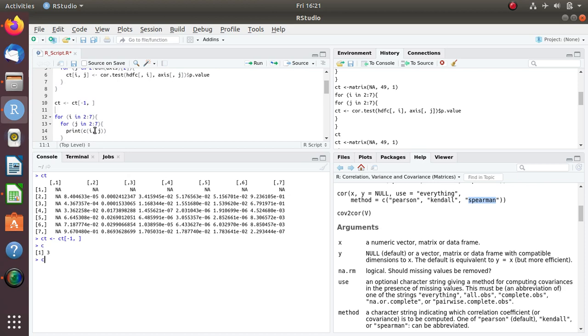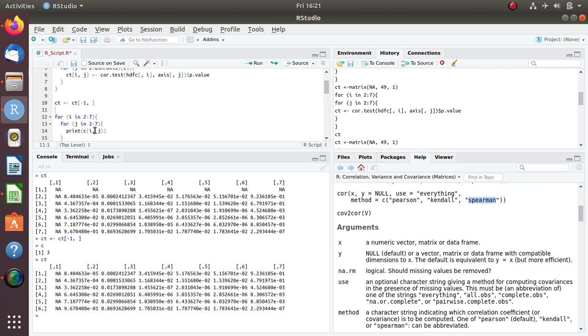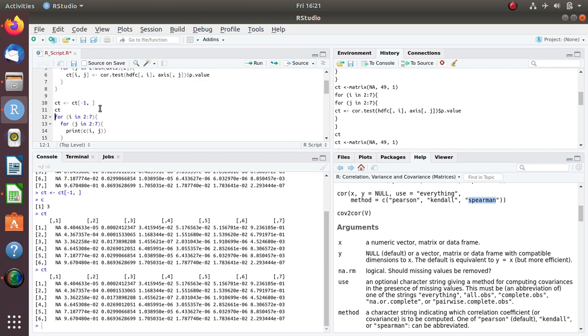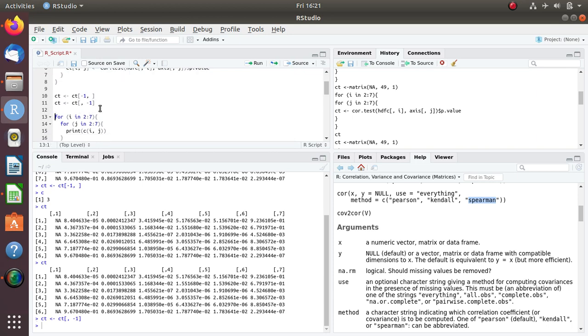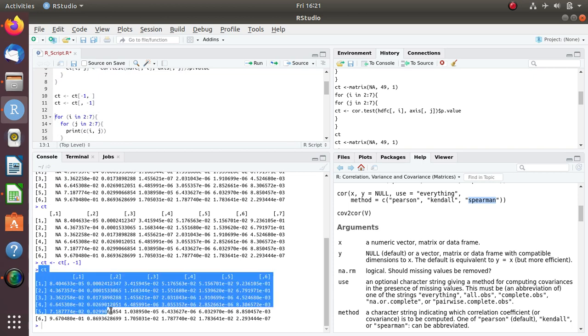Okay, the first row, we are done with the first row. Now let's see what CD is. Now CD is CD minus the first column. Now let's see what CD is now. Yeah, we got a perfect p-value matrix.